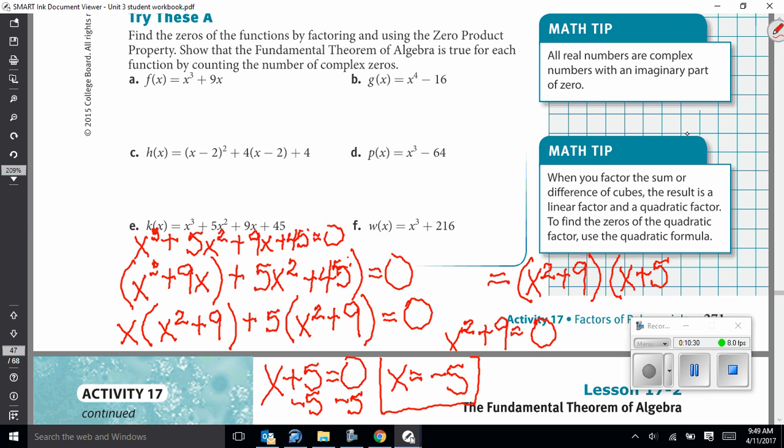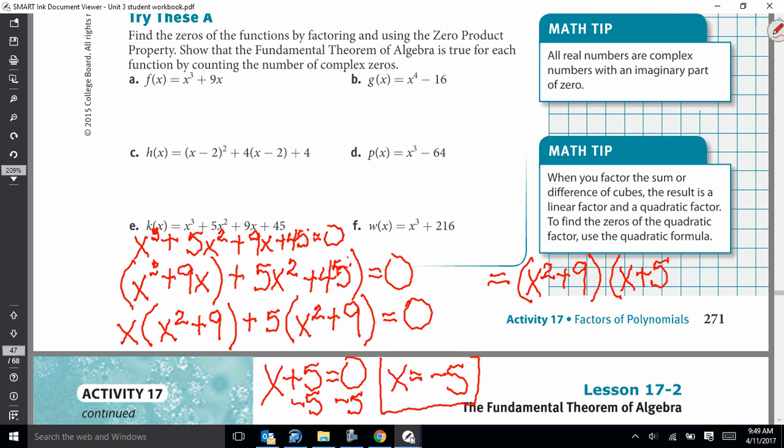Yeah, we can move that. Yeah. There you go.